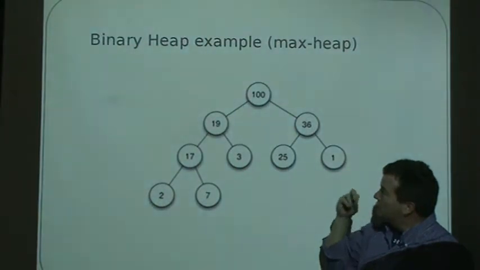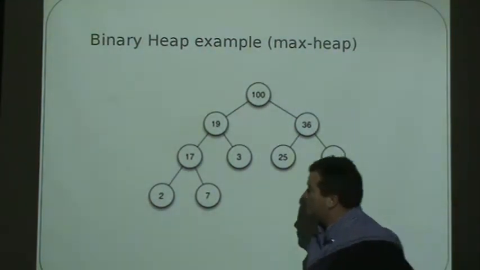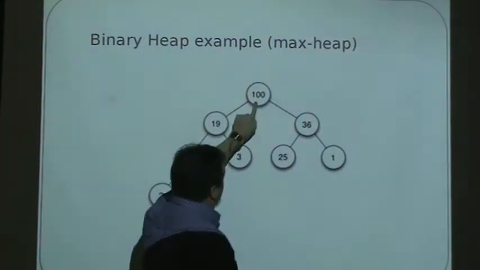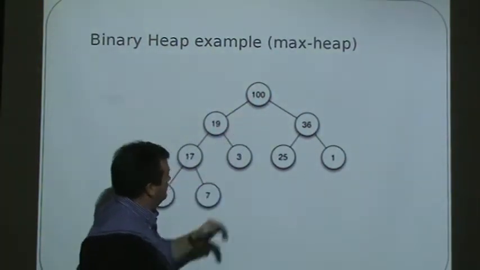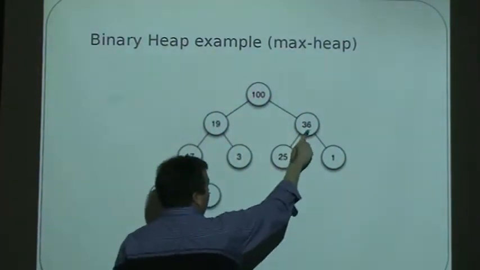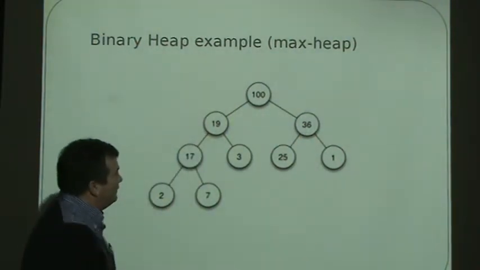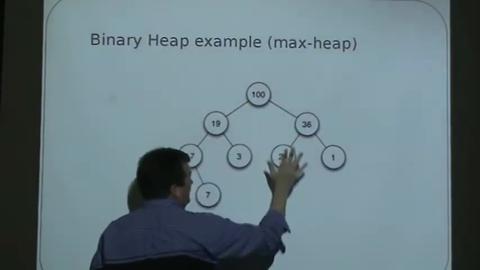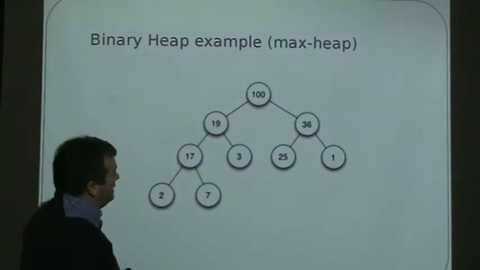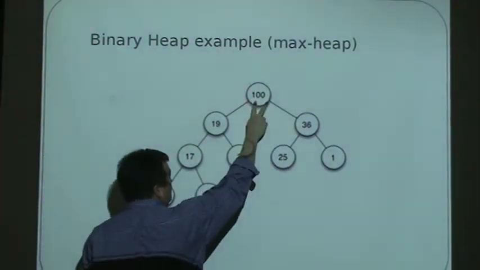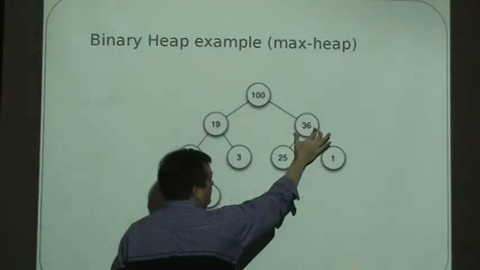And then it's also considered a max heap because for every node, if the value of the node is greater than or equal to its 2 children, then that node is considered to be following the heap state. And if that's true for every node, then the entire structure is a heap. So, for example, 100 is greater than 19 and greater than 36.